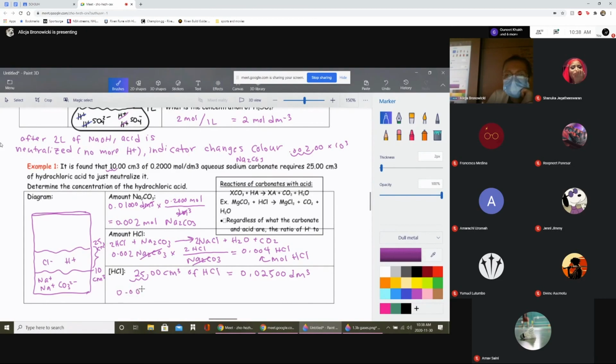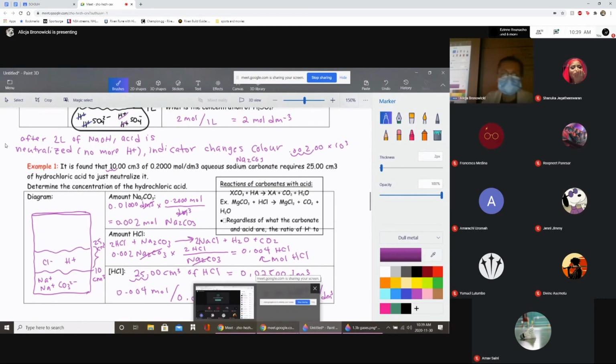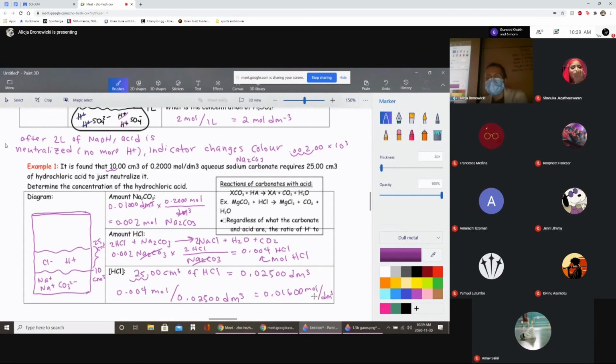So 0.004 mole over 0.02500 DM3 equals 0.0160 mole per DM3. Okay, so that's the right number of sig figs. How many sig figs? I have 4 sig figs. Okay, so that is how many moles per liter of hydrochloric acid there was.